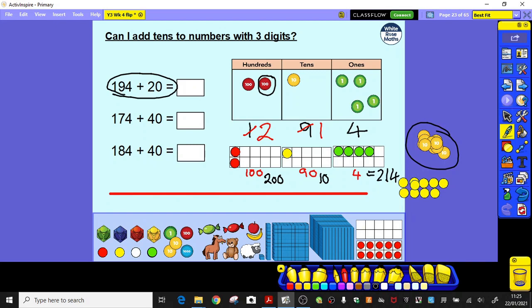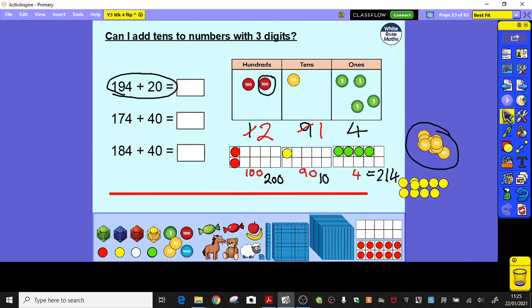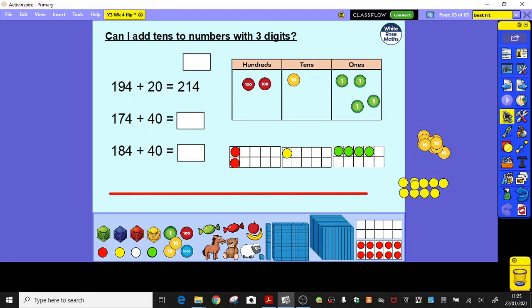Oh, pen's not working. Here we go. So 194 plus 20 we have worked out equals 214. Now, let me get rid of all that drawing on there, and we'll have a look at the next question.